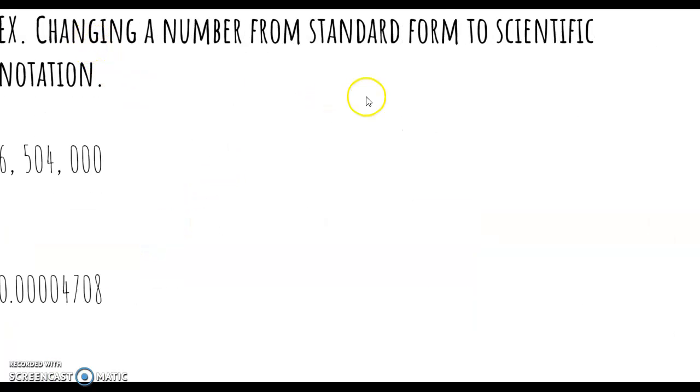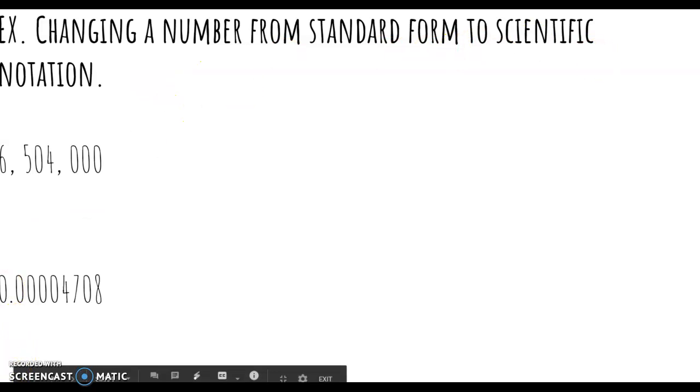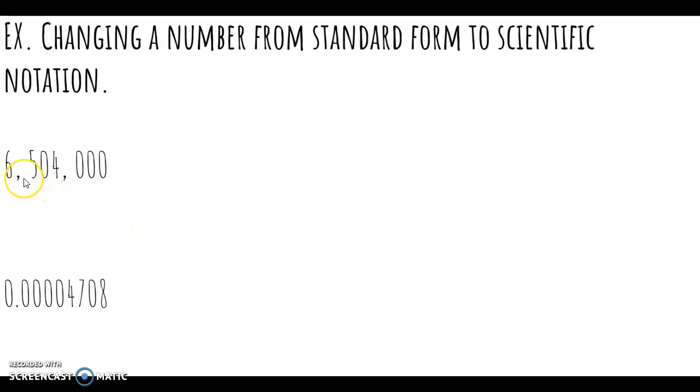So to see this from scientific notation to standard form, so I have 6,504,000. So what I would need to do is move the decimal place from the back here and move it as many times as I can.